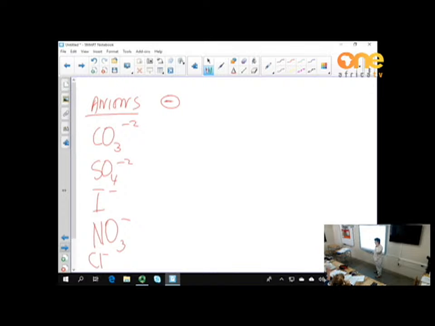The chloride is the ion. The chlorine is the diatomic element. So we are testing for the ions. Now I'm going to start off with the carbonate. Cation is the metal ions. So this is now the non-metal ions, usually the non-metal ions, yes.